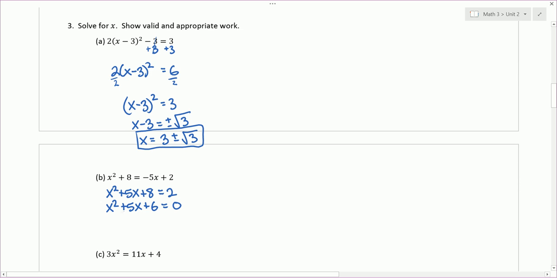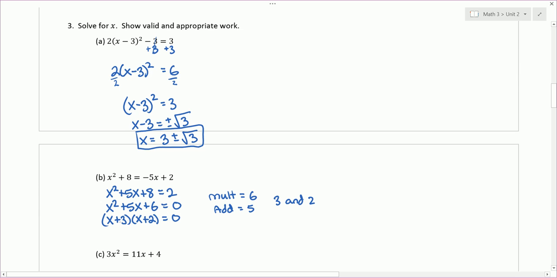I'm going to try to solve this by factoring. I'm looking for two numbers that multiply to 6 and add to 5. 3 and 2 work. And so this factors to x plus 3 times x plus 2, still equals 0.